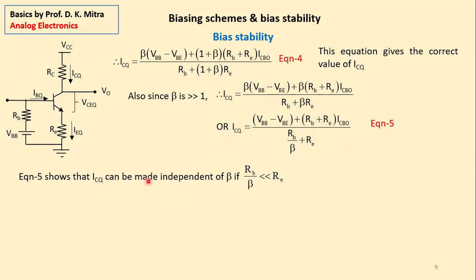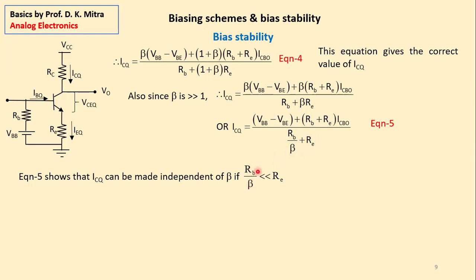This equation 5 shows that, see, in this equation, we have beta only here. Fine? Have you noticed it? We have beta only here. So, it is clear that ICQ will become independent of beta if RE is much, much more than RB by beta.